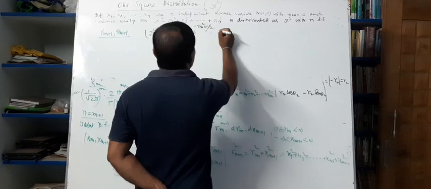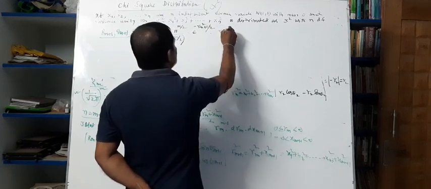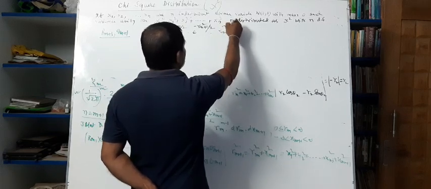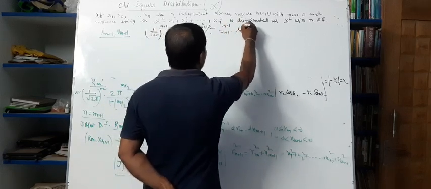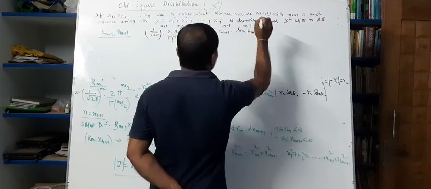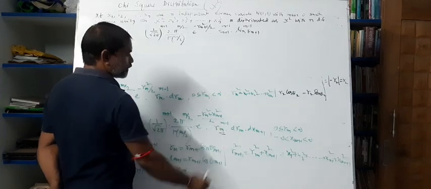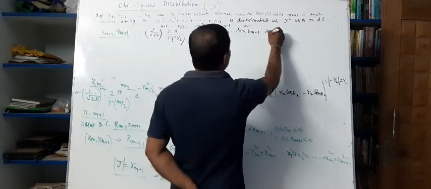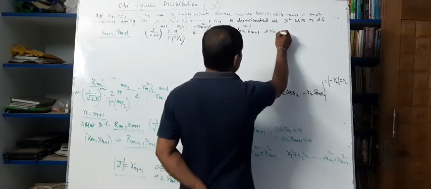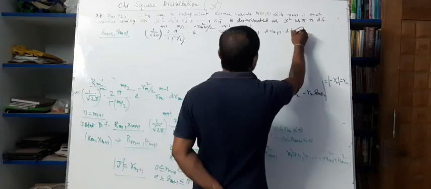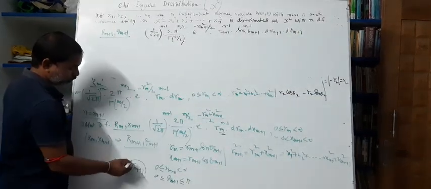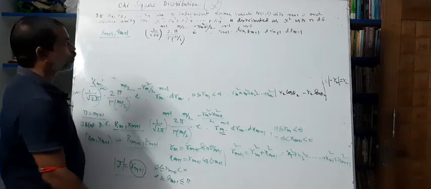So Rm plus 1 whole to the power m minus 1 into sine to the power m minus 1 theta m plus 1, write this, and d of Rm plus 1 into d of theta m plus 1, and the Jacobian is Rm plus 1.